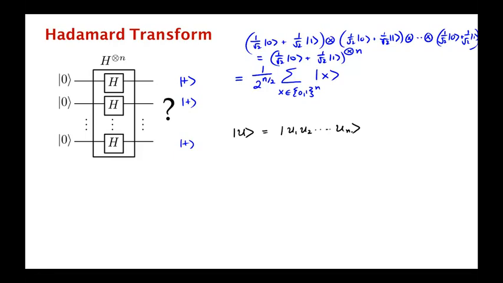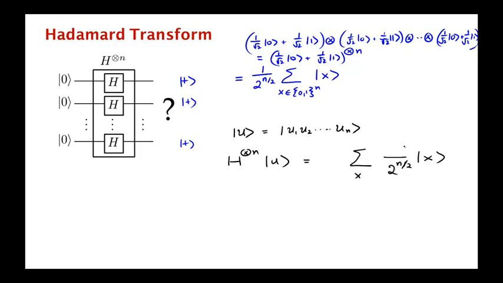So what happens when you perform the Hadamard transform on this? Let's say what's our notation for this? It's H tensored with itself n times, applied to u. So now what do we get? Well, I claim that what we'd get is still the sum over all x of length n of x, but now in front of each of these x's its amplitude is 1 over 2 to the n over 2, but with either a plus or minus sign.